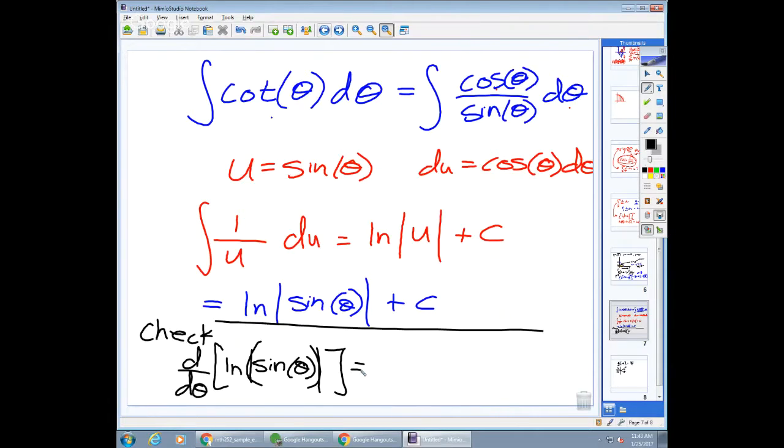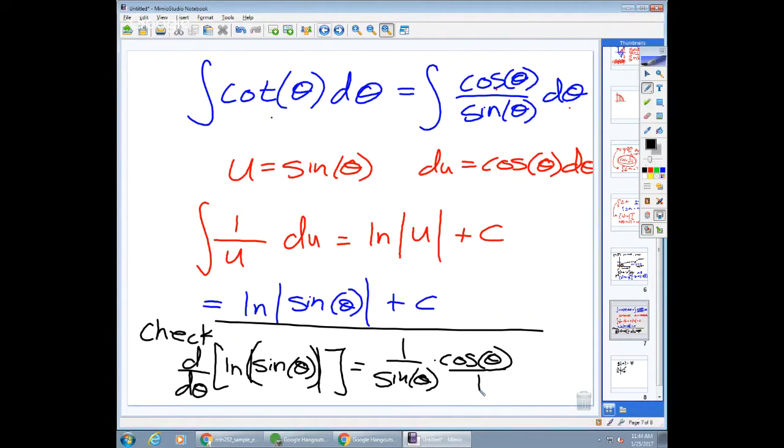All right, so antiderivative of the natural log. Oh, sorry, derivative of the natural log. 1 over whatever's inside. So that would be 1 over sine of theta. But the chain rule applies here, right? Chain rule says you have to take the derivative of the inside. Derivative of the sine is cosine. And we could view that as cosine over 1.